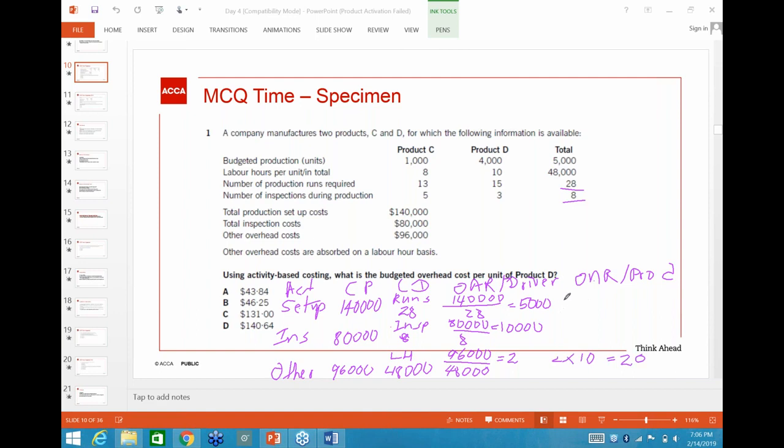So then 3 inspections. So 10,000 into 3 inspections, that gets divided by the 4,000 units that you're producing. So that's 7.5 over there. And 5,000 per production run, 15 production runs there to make 4,000.